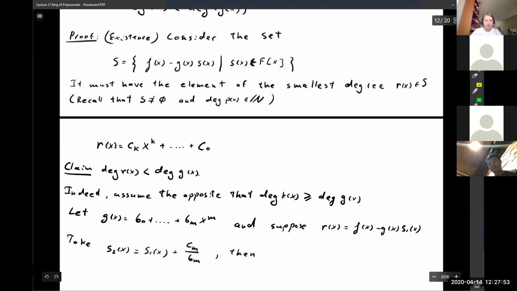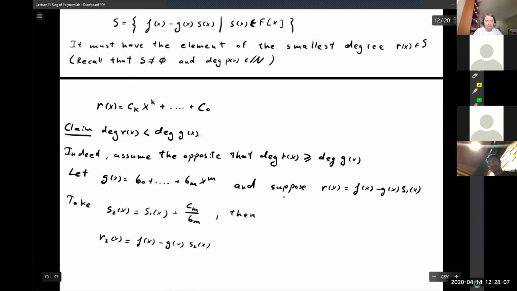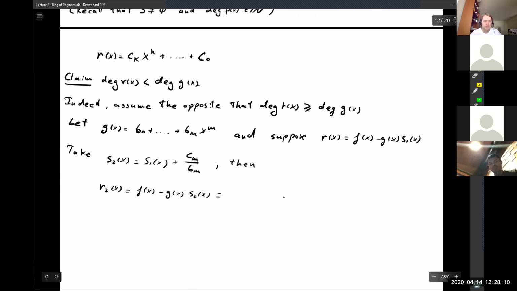Then what do we have? Then we have that R2 of X equals F of X minus G of X S2 of X. This is F of X minus G of X S1 of X minus this C_m over B_m G of X. So this thing here is R of X, which is equal to C_k x^k plus etc. plus C_0.